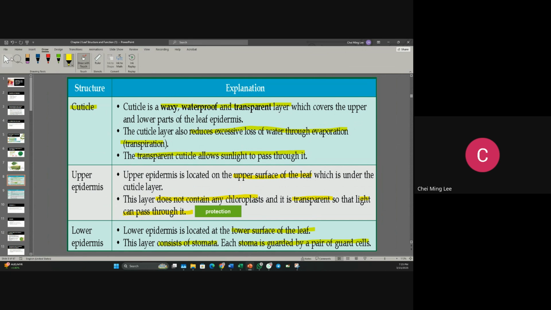I think you have learned this before in Form 1 to Form 3, so you know what a guard cell and a stoma are. So jot this down. The lower epidermis also consists of protection as well. Do not forget the protection here.